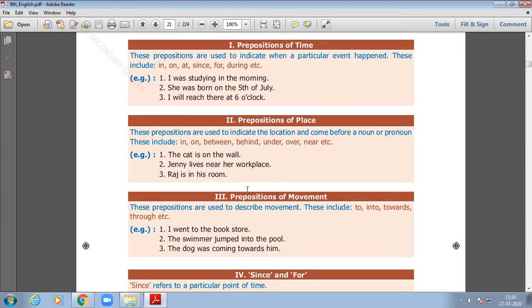Now let's go through the words with movement. These prepositions are used to describe movement. These include to, into, towards, through, etc. See, you are moving towards the bookstore. Movement. I went to the bookstore. Again, bookstore is a noun and I is a noun, and the preposition is placed before the bookstore.